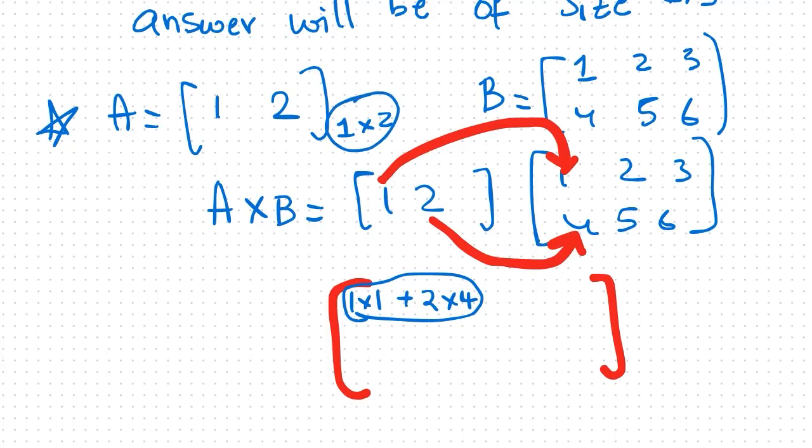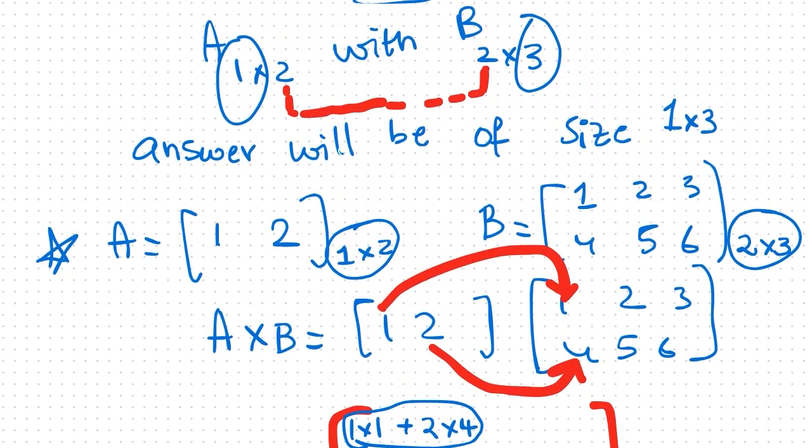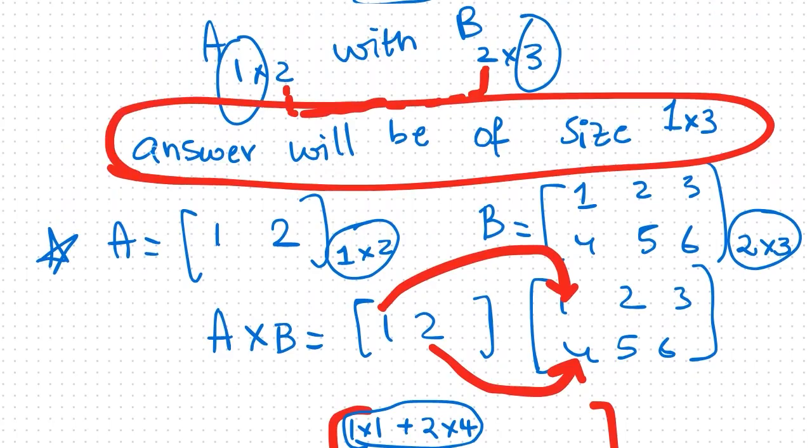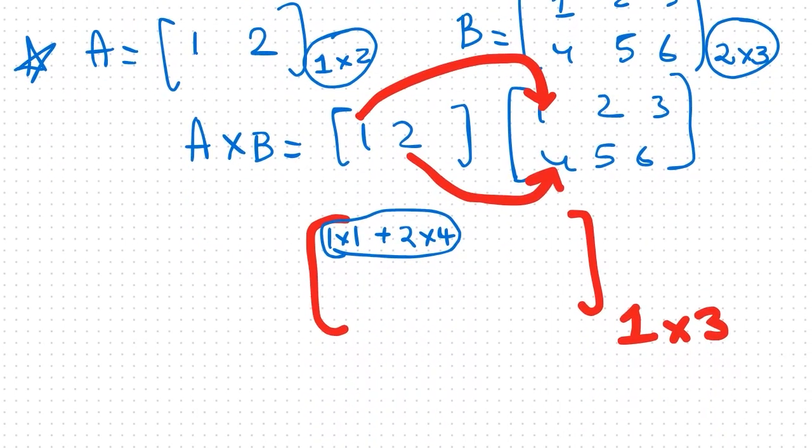So this is 1 into 2, and 2 into 3. The answer will be of size 1 cross 3. 1 means row and 3 means column. So 1 row, 3 columns.